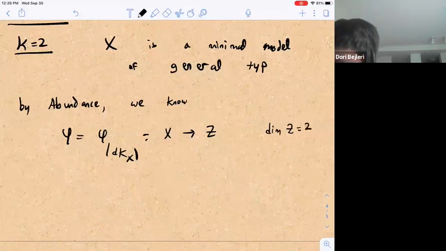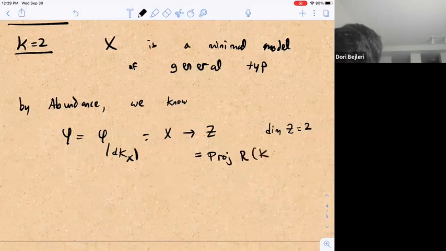And in fact, we know more because we actually know that Z has to be Proj of the canonical ring of KX, of the ring of sections of KX.